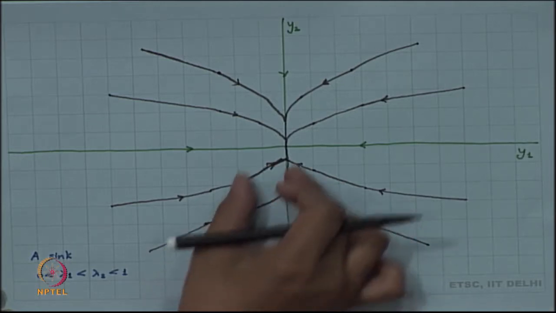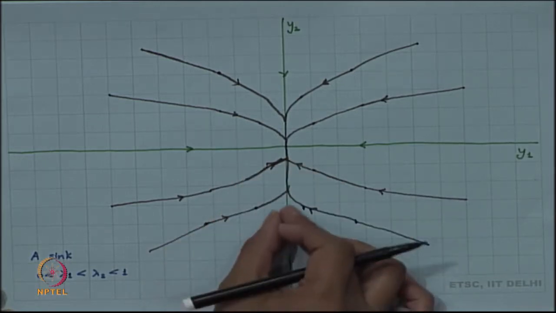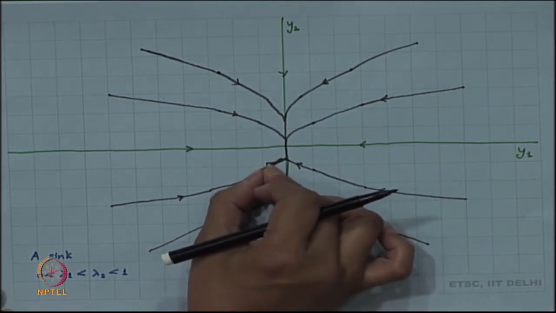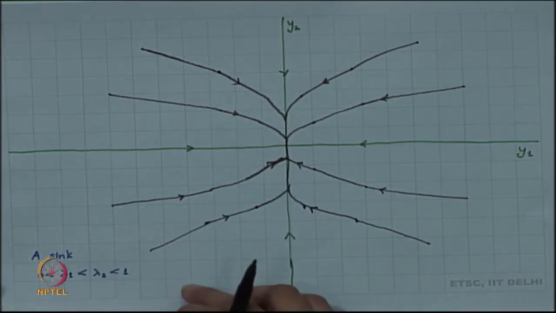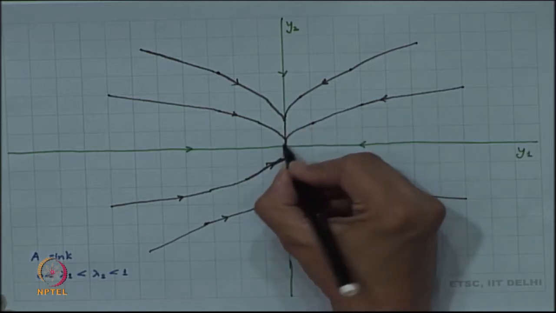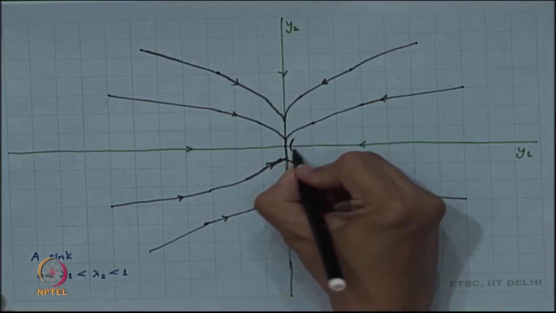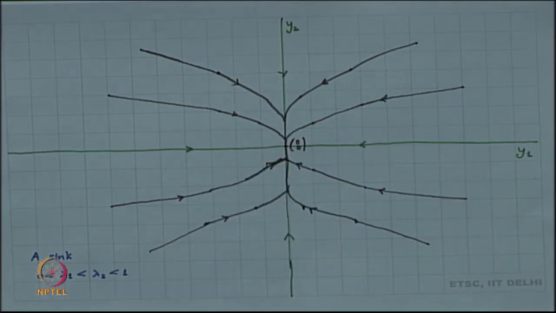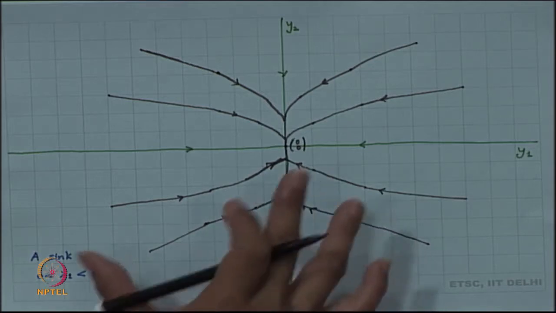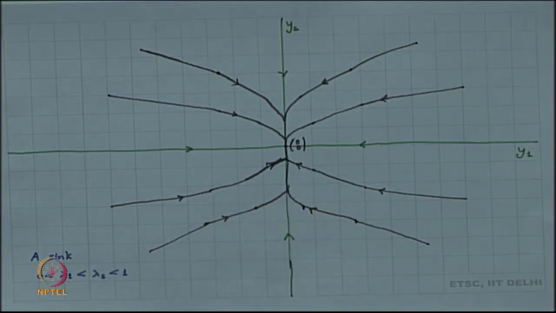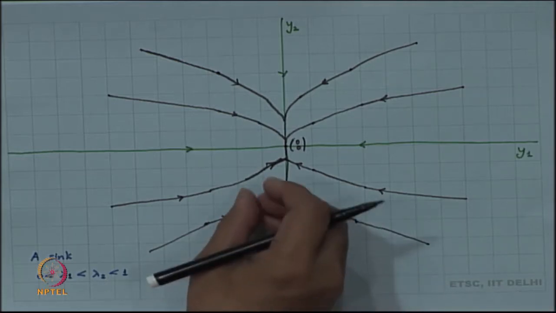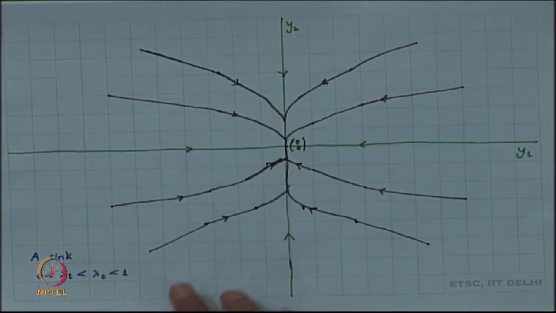They will become asymptotic to y2, and then as y2 moves along to 0, they also move along to 0. So, the origin, the point (0, 0), happens to be a sink in this case, but the behavior is a little different, because everything is first being asymptotic to y2 and then converging to 0.